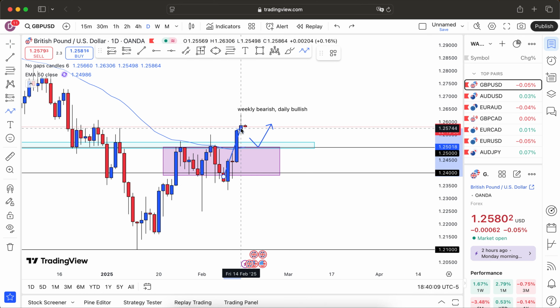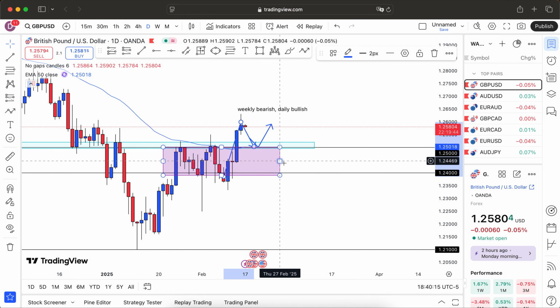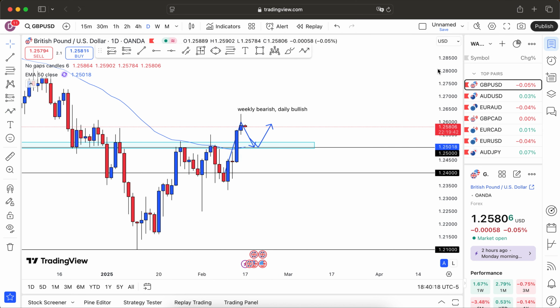Now that the price broke above that zone of consolidation, I'd be waiting for the price to retrace down to retest this area of interest, retest the round psychological 125,000, retest the daily EMA, and retest the previous daily structure point.